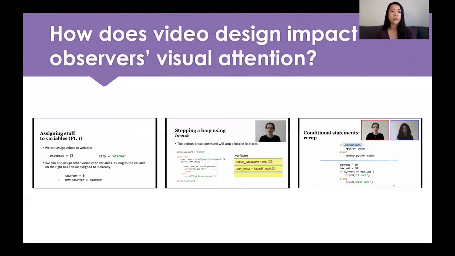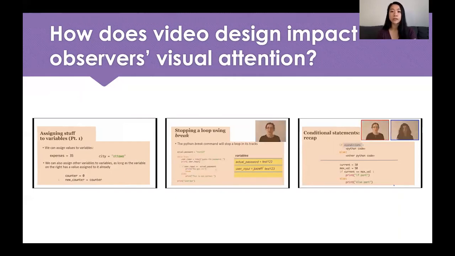Our data were analyzed using standard frequentist statistics, namely null hypothesis significance testing and Bayesian analysis. I'll present some select results here organized according to our research questions. To obtain information on visual attention, we analyzed where participants were looking as they watched the instructional videos, and we extracted data based on areas of interest, or AOIs, which were drawn around the Python content in each condition and around the speakers in the monologue and dialogue conditions.